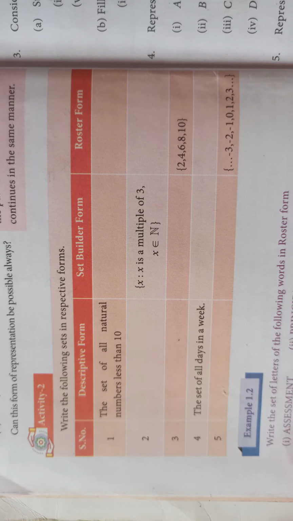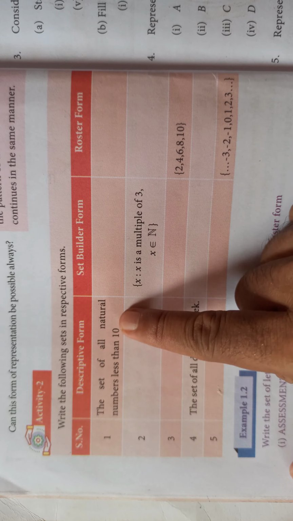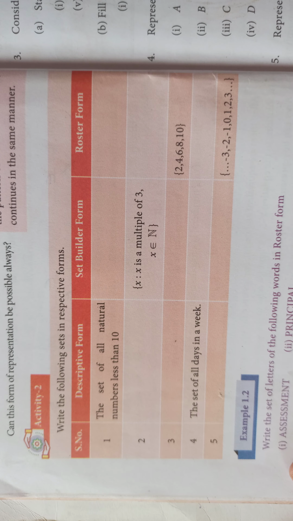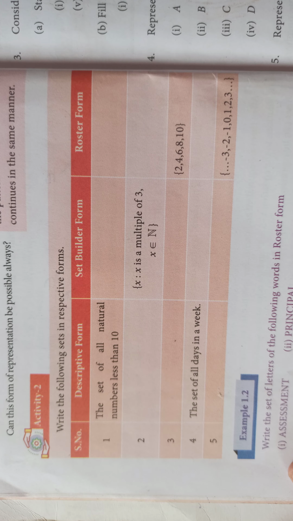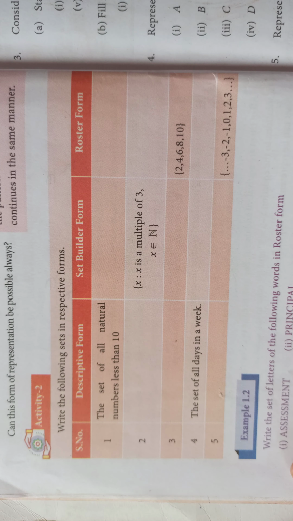Now we come to Activity 2. This is a very important activity for learning the forms of sets. We are given a question and we have to write it in two other forms. The question given to us is: the set of all natural numbers less than 10. We know natural numbers start with 1, 2, 3. We write the set builder form first.